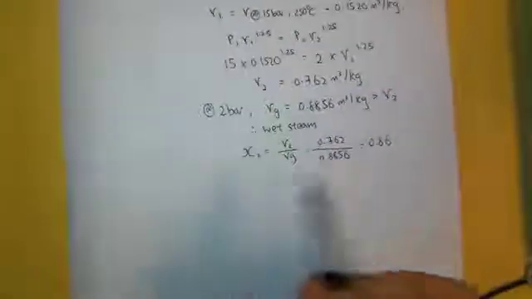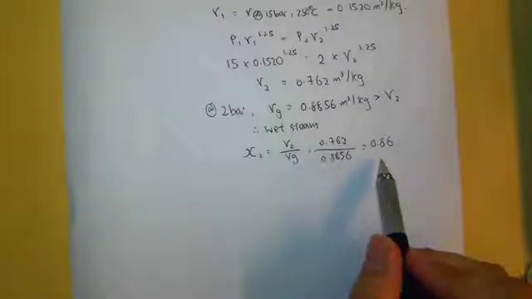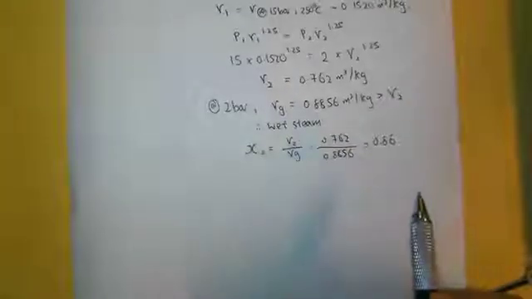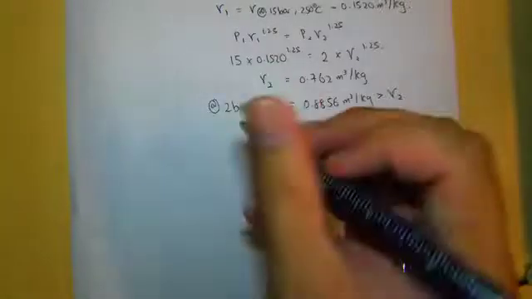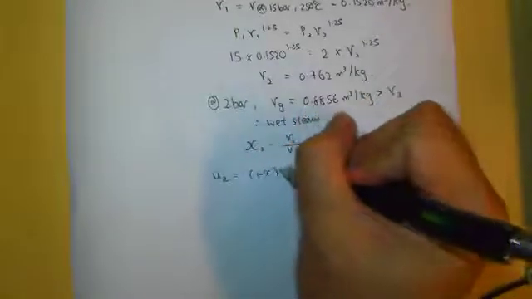Bear in mind, dryness fraction must always be less than 1. In any case, during exam, if you find yourself calculating a value of x more than 1, you better check the inputs. So with x2 calculated, we can find out our U2 by using the wet steam formula.